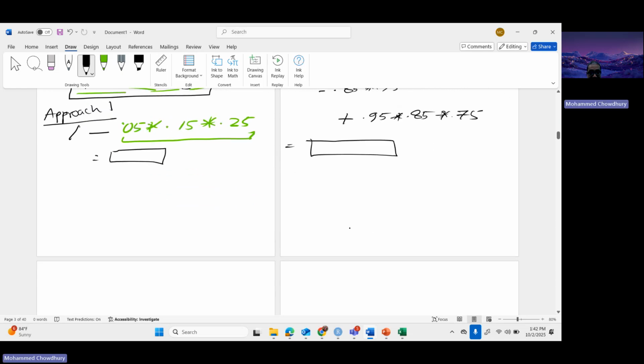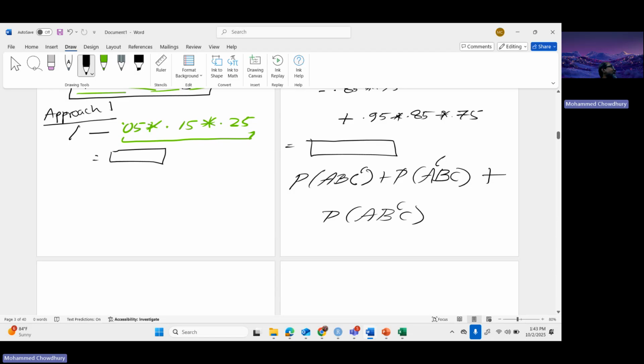Exactly 2 units, you can do this. Probability of A, B can detect, C cannot detect. Probability of A cannot detect, B and C can detect. And probability of A, B cannot detect, C detect. This is exactly 2 units can detect, right? Exactly 2 units. Are you understanding? Yes.